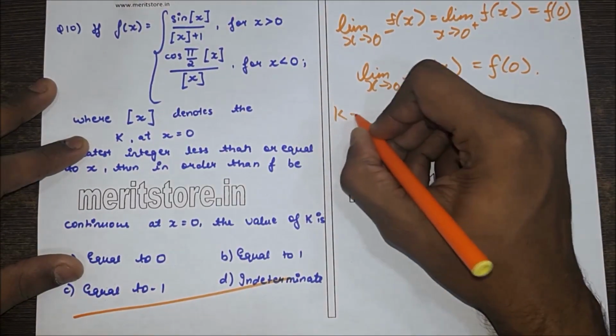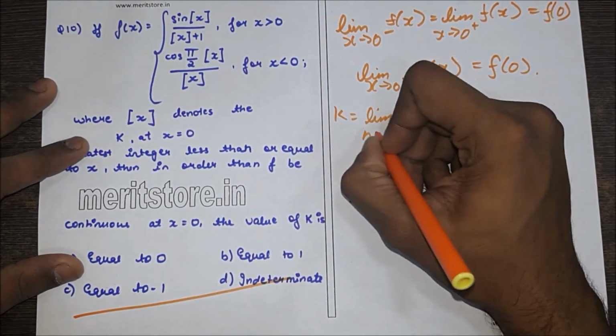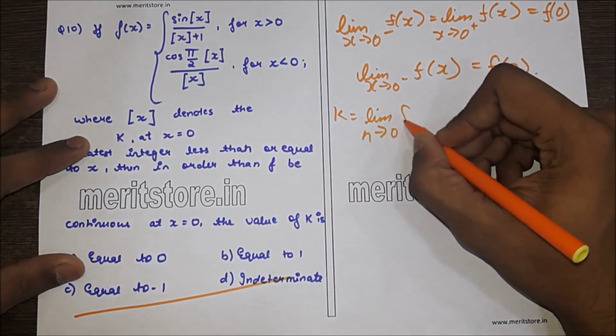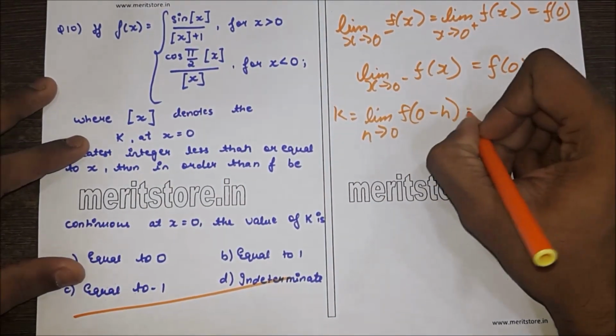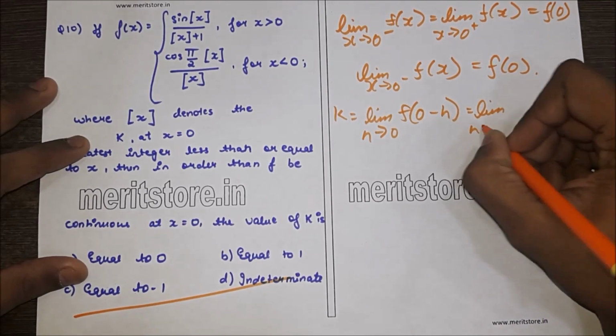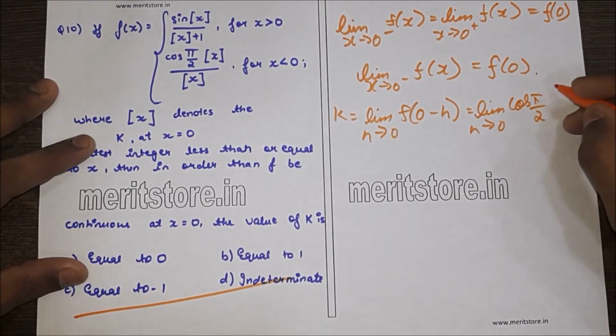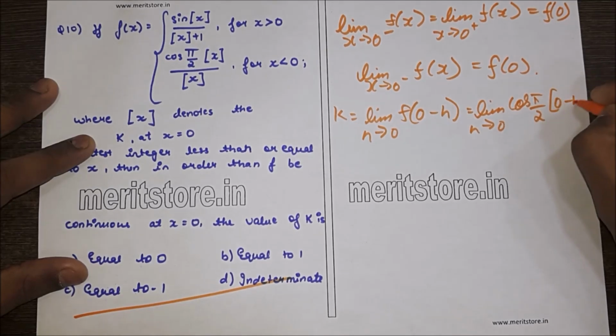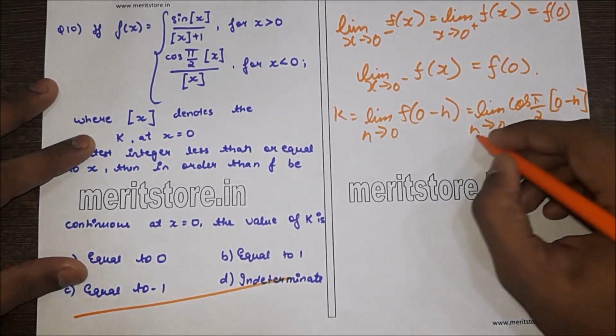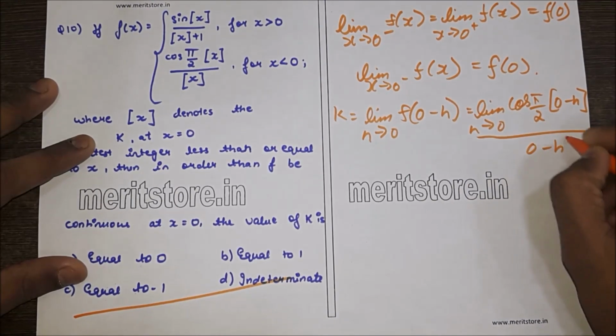Now k is equal to limit of h tends to 0, f of 0 minus h, which is equal to limit of h tends to 0 cos of pi by 2 into 0 minus h upon 0 minus h.